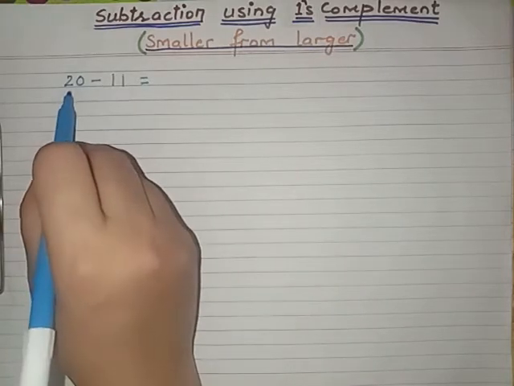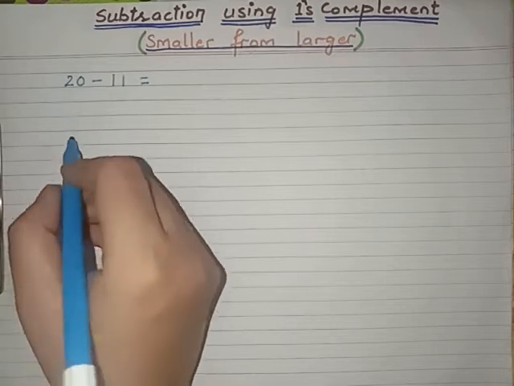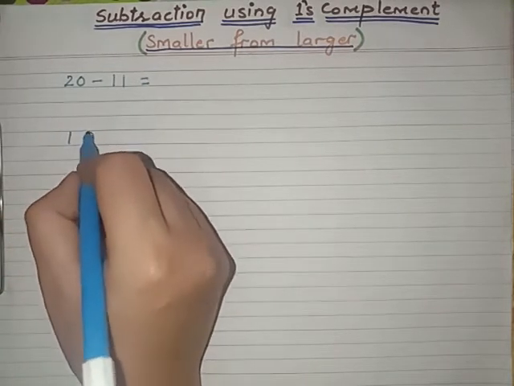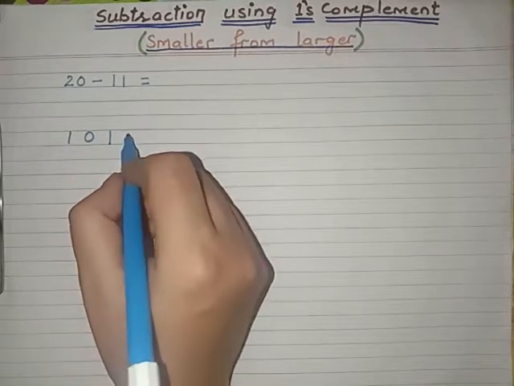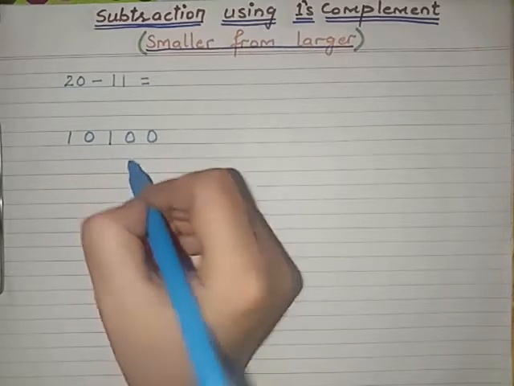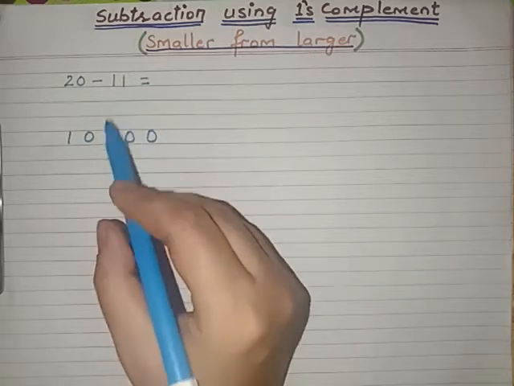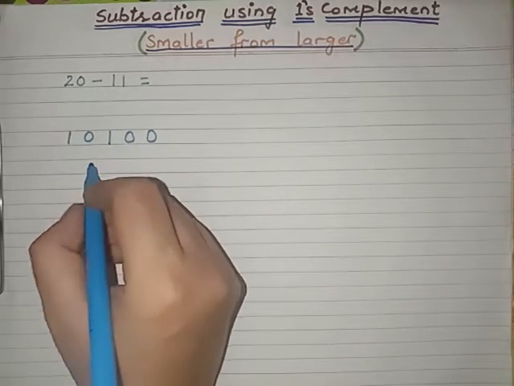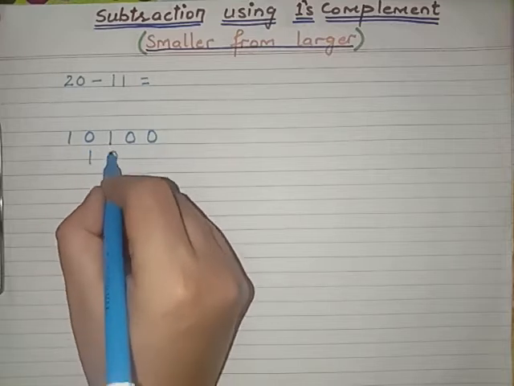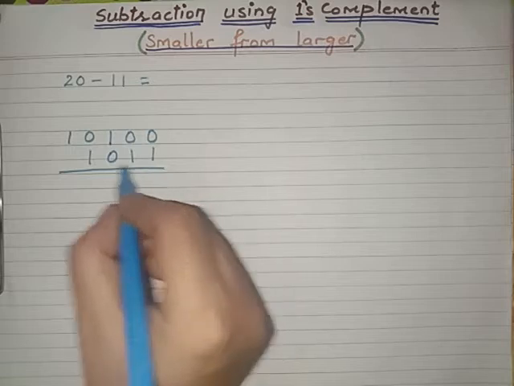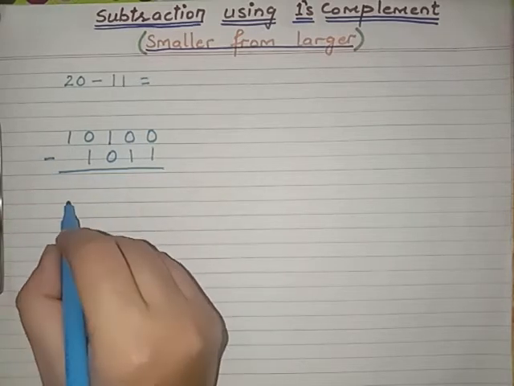The binary conversion of 20 is 1 0 1 0 0, and the binary conversion of number 11 will be 1 0 1 1. And now suppose we are going to subtract both of these numbers.